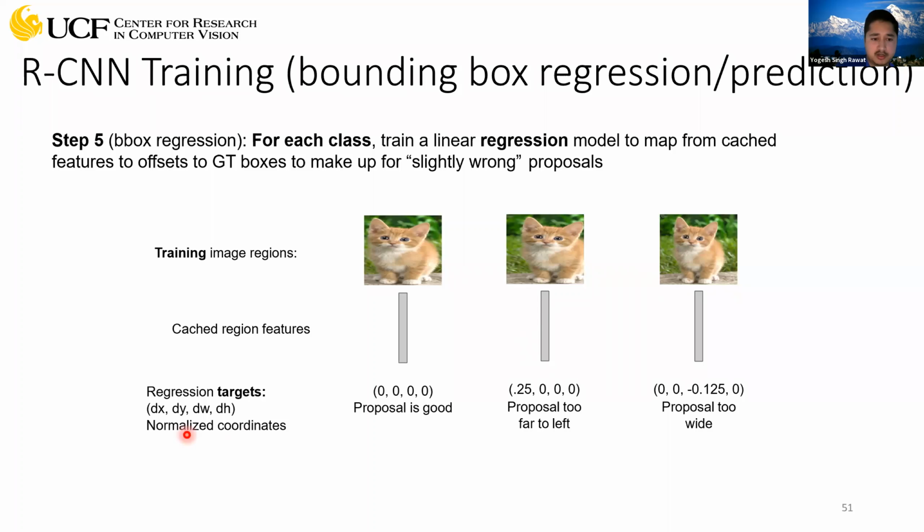So dx and dy, we don't need to change anything, but the width is slightly bigger than what we need. So this negative 0.125 is again a normalized value. It's saying that we need to shrink the width of this bounding box by this amount. Then we will get the perfect bounding box. So these are the ground truth which you will train against for the second head, which is the bounding box regression.